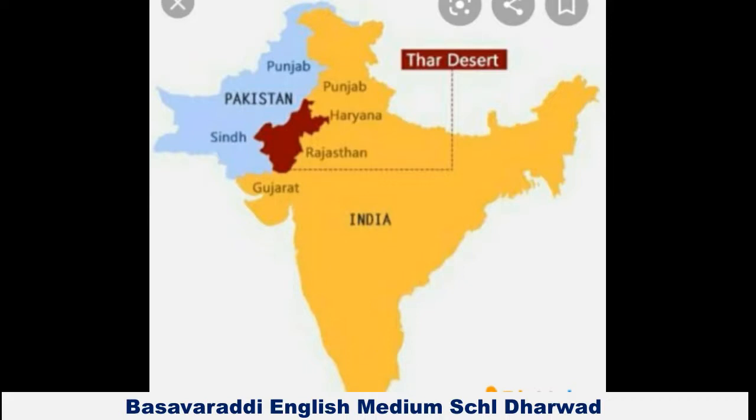I will tell you one more interesting thing about this. Do you know that there is a desert in India? Yes, it lies in the northwestern part of India. It is called the Western Desert or the Great Indian Desert or the Thar Desert.